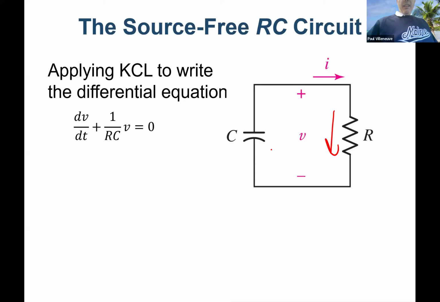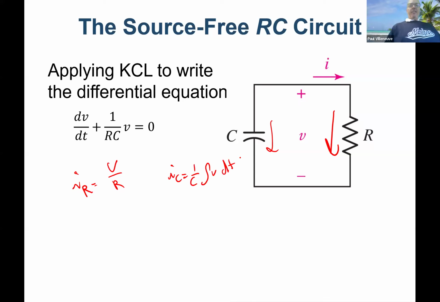So we know that the current through a resistor is V divided by R, right? What is the current through a capacitor? One over C integral of V dt, correct?